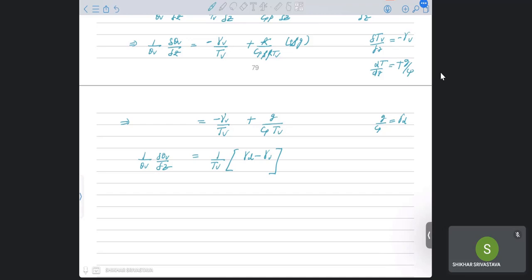Now gamma V is the lapse rate of the environment, and gamma D is the lapse rate of the parcel, which is unsaturated.